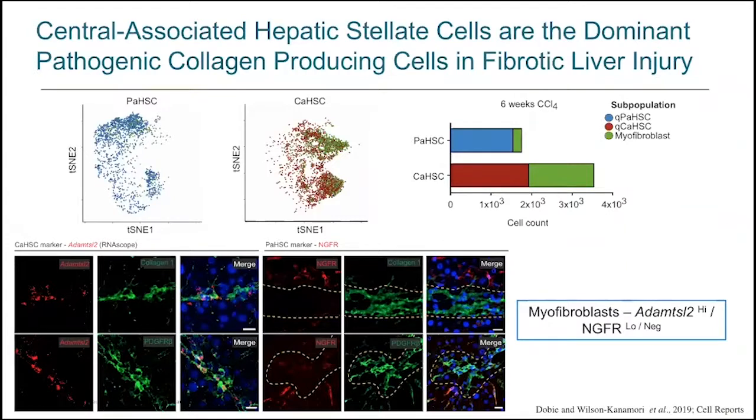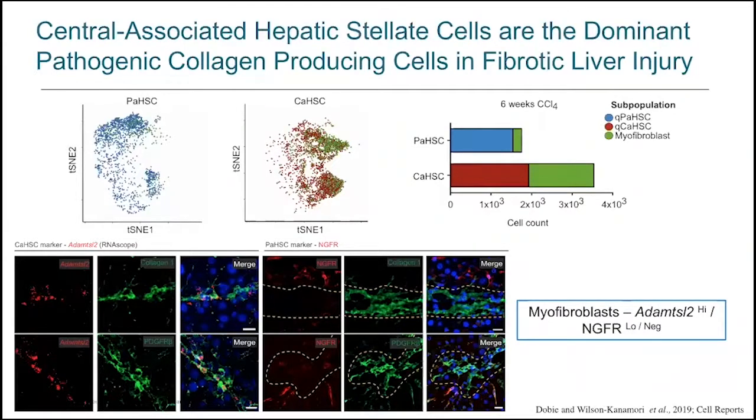As predicted, stellates within the two peaks were classified as myofibroblasts, the green dots on the tSNEs. This signature was then mapped onto our zonation profile to identify the contribution of stellates from each zone to the myofibroblasts. In this way, we identified central associated stellates, the right-hand tSNE, as the dominant pathogenic collagen-producing cell, representing 88% of myofibroblasts classified in this manner.